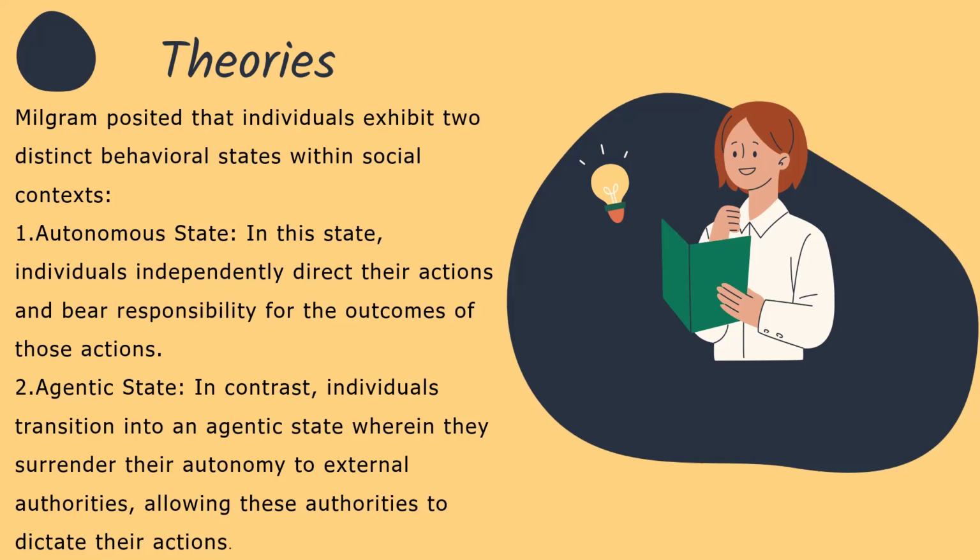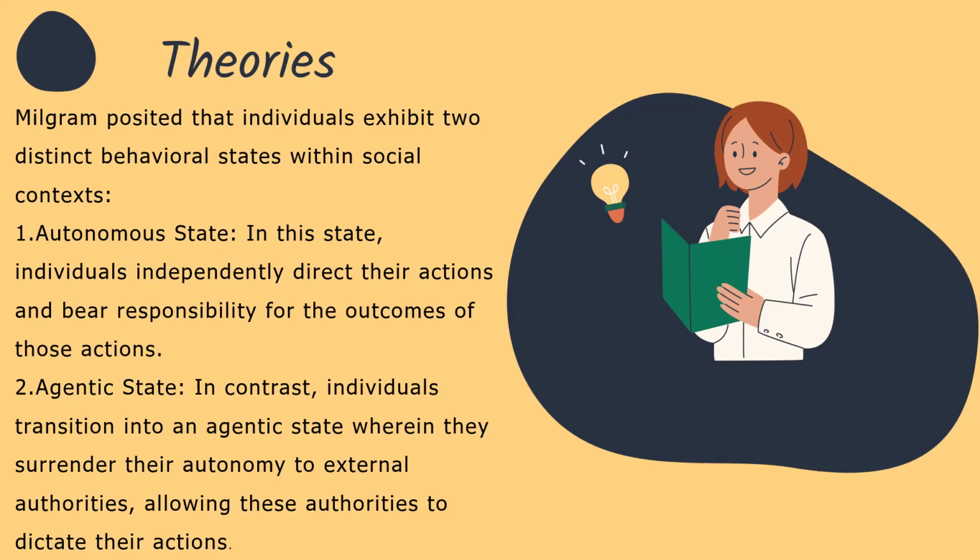And then the theories which were involved. The first one was social influence theory. The second one was agency theory. The third one was cognitive dissonance theory. And maybe the last one is situationism.